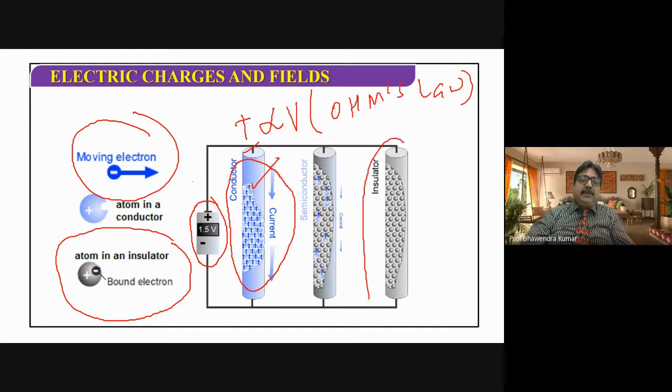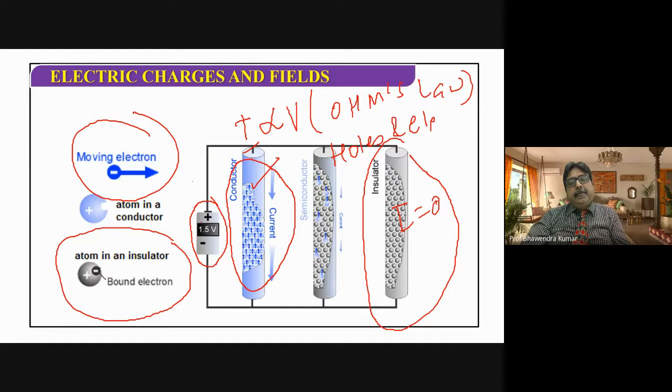In the case of insulator, we see that the atoms have bound electrons, so the value of current will be 0 in this case. In the case of semiconductor, because there are some atoms which have free electrons, actually in the case of semiconductors we use the terms holes and electrons as the charge carrier, that we'll understand in due course of time.